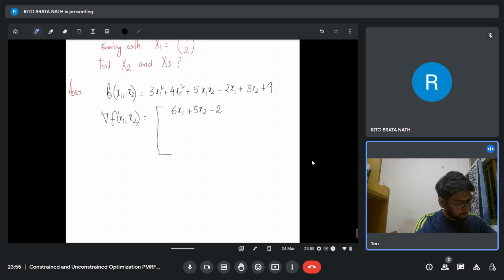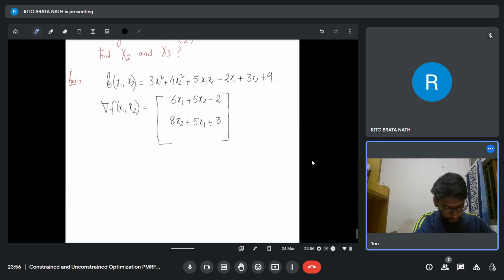The next one is 8x2, sorry, not x squared, 8x2 plus 5x1 plus 3.